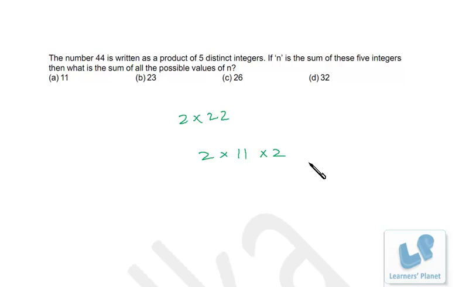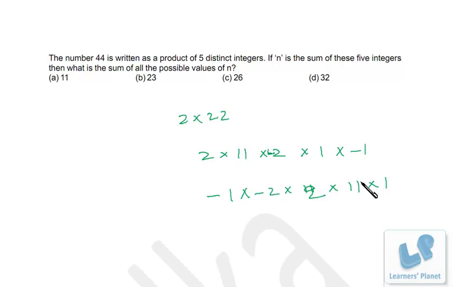So I take 1 and minus 1, 2 more numbers, both of them integers, and 2 and 2 are the same, so I put a negative over here. So precisely it is minus 1 into minus 2 into 2 into 11 into 1. These are the 5 numbers by which we can get the product as 44.